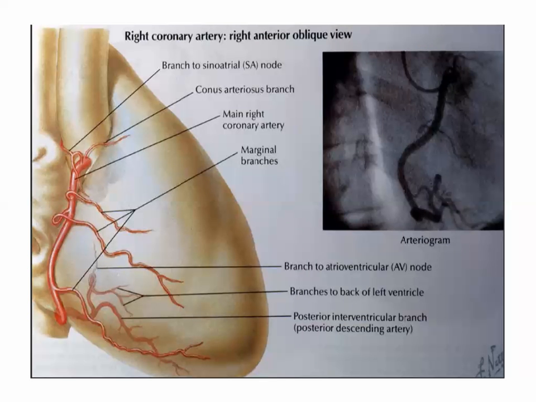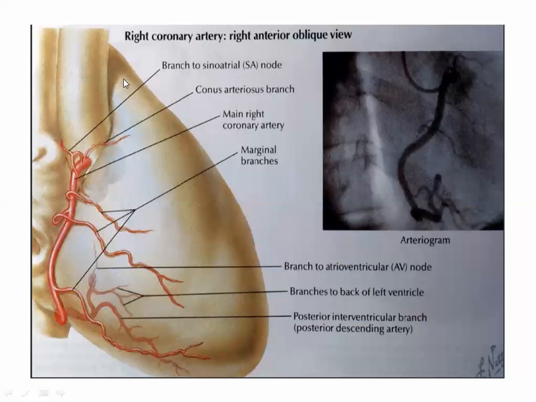Okay, so as we said, this is the SA nodal branch. The first branch here is the conus, going to the RVOT. What's this view? Right. Okay, excellent. This is the spine, this is the ribs, so this is the RAO.